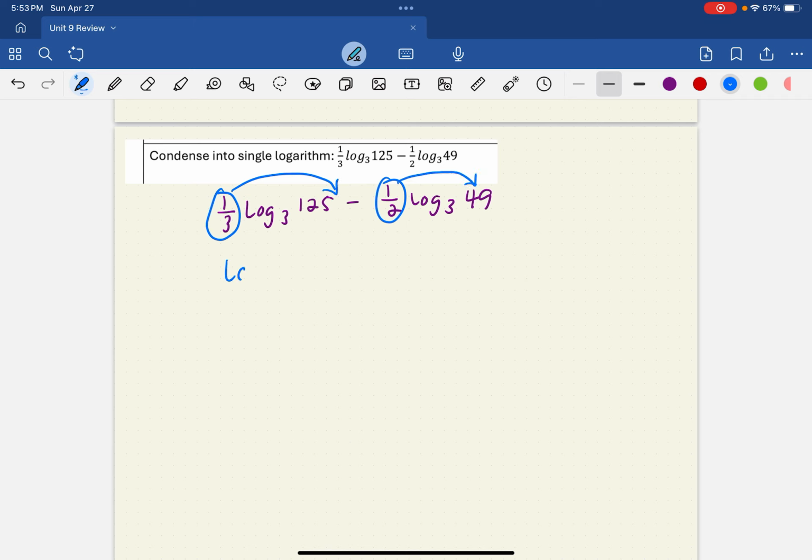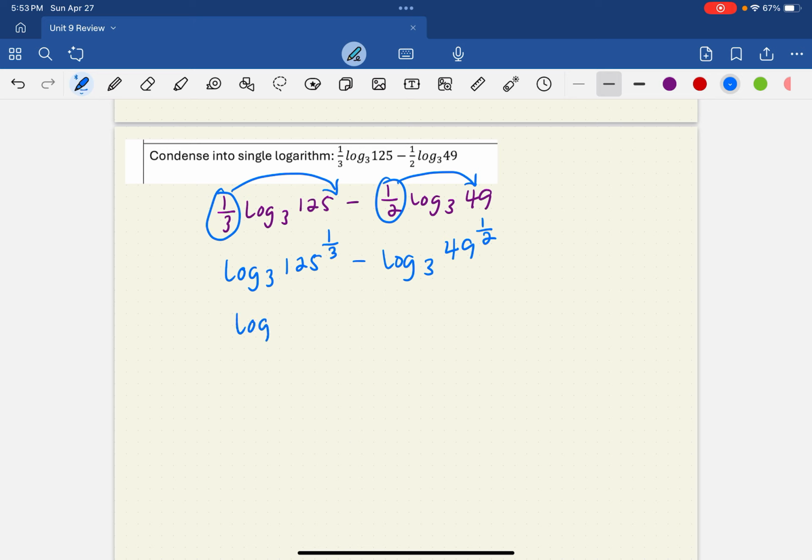So log 3, 125 to the power of 1/3 minus log 3, 49 to the power of 1/2. And you're pretty much just taking the cube root of 125 and the square root of 49.